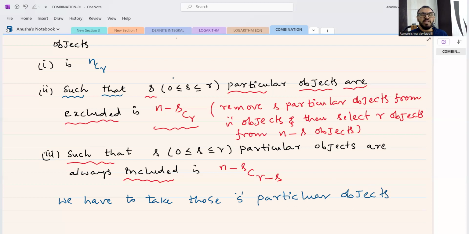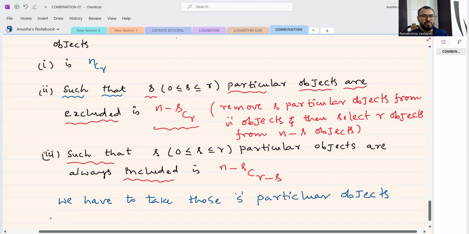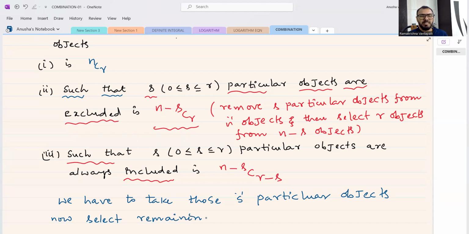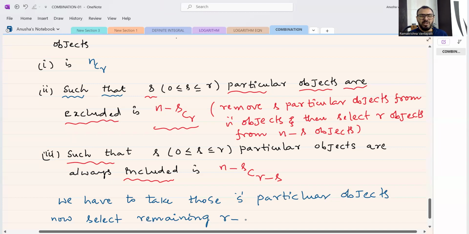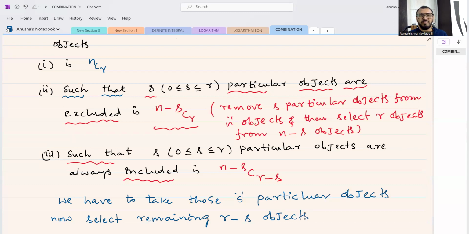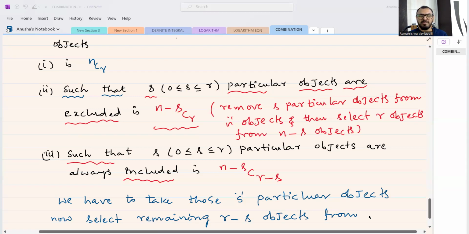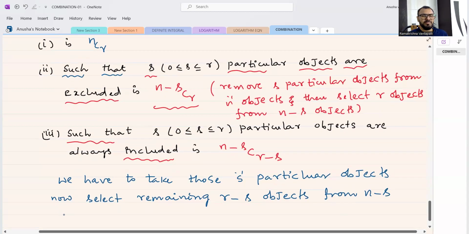Totally, we have to select r objects. Now, select the remaining r minus s objects from n minus s objects.